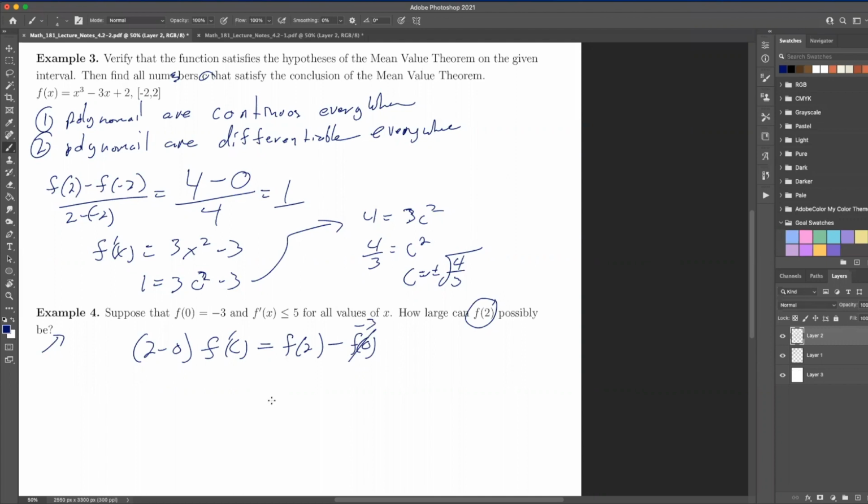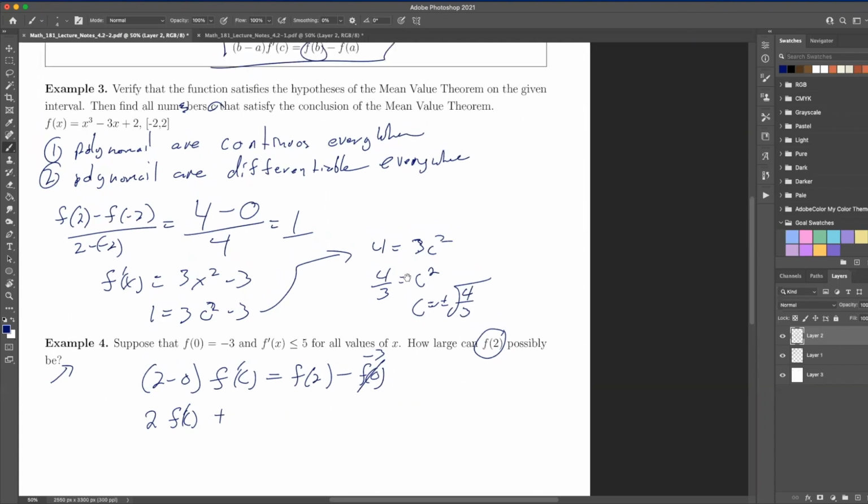And so let's figure out what we have here. We have 2 times f prime of c, oops, I've done something wrong.